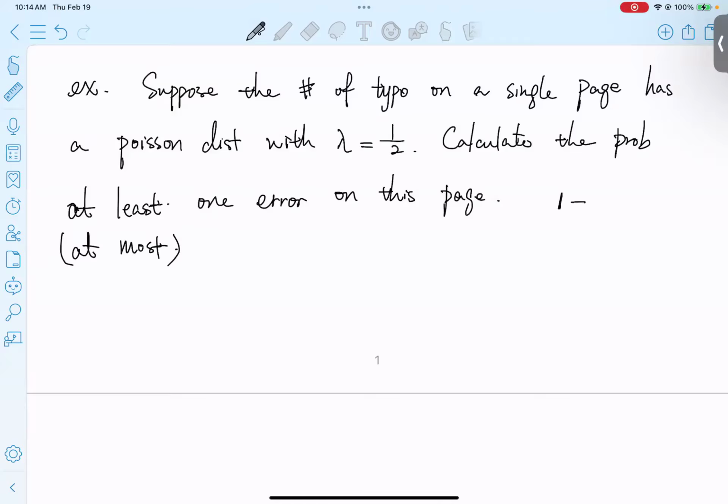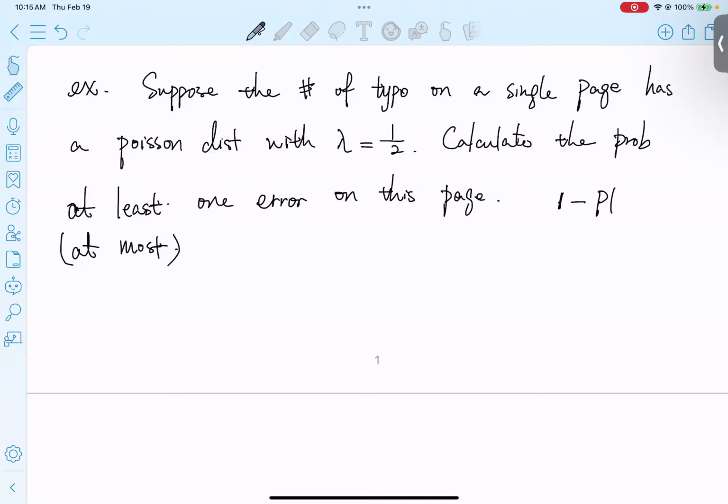So the probability that you have 0 errors, 1 error, 2 errors, or everything, if you cover everything, then the probability will be equal to 1. So that will be for sure happening. In this case it was asking for at least 1 error, so the idea is to use the probability of everything happening minus the case that is not included.